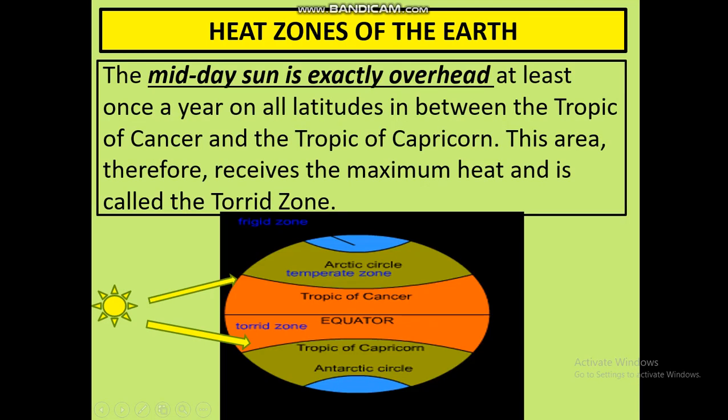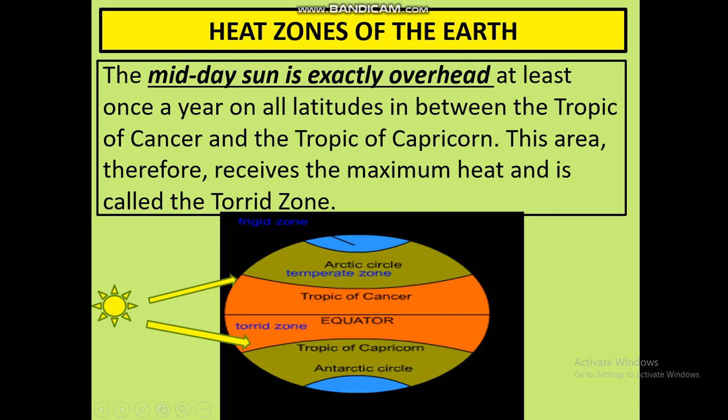Now let us talk about heat zones of the earth. The midday sun, as you can see, this is the sun, and this is the actual position of the earth. The sun is almost at the center of the earth's positioning. The sun rays directly fall over this area between the Tropic of Cancer and Tropic of Capricorn.